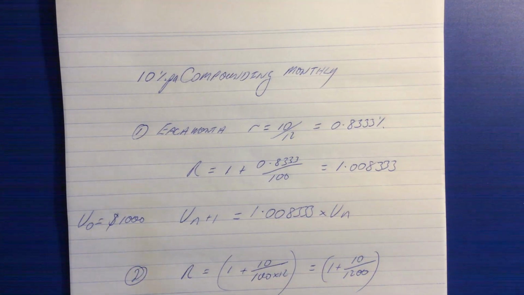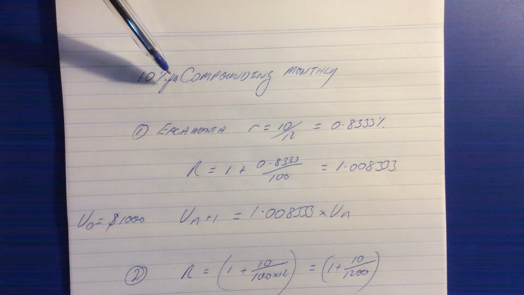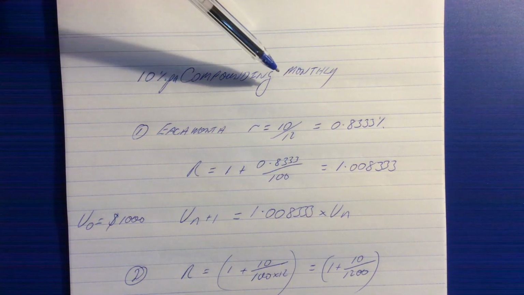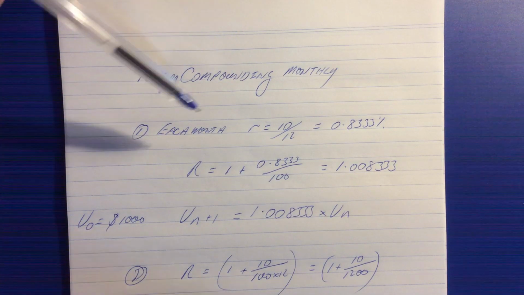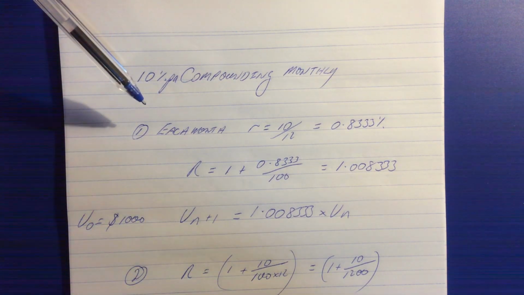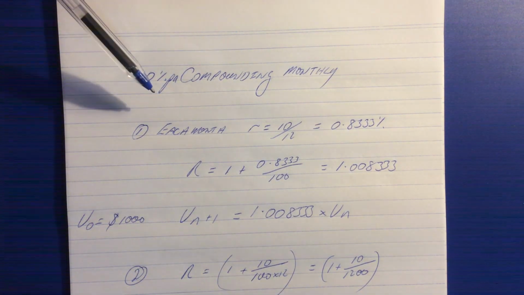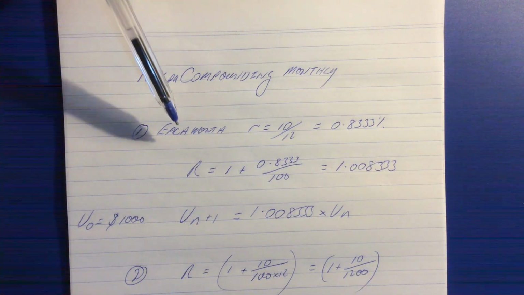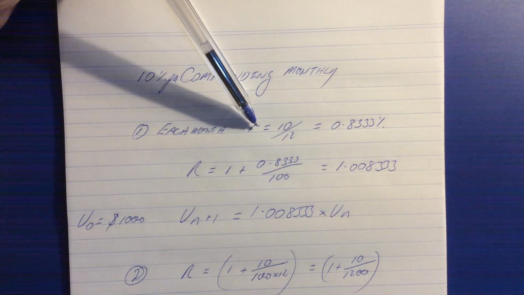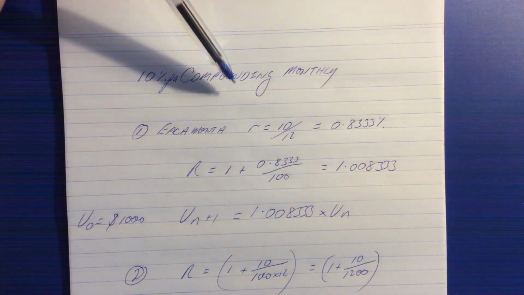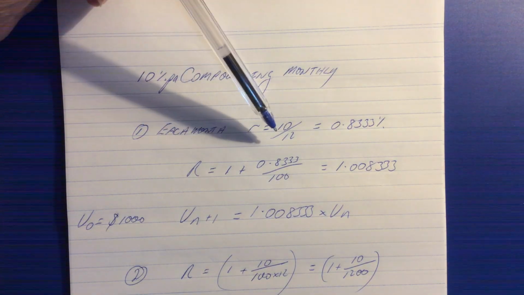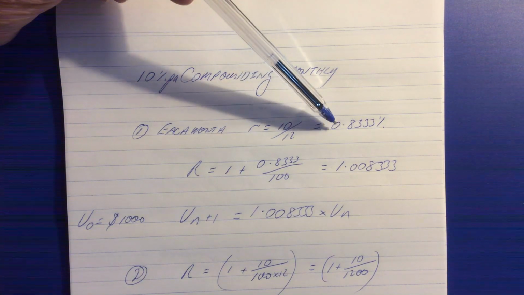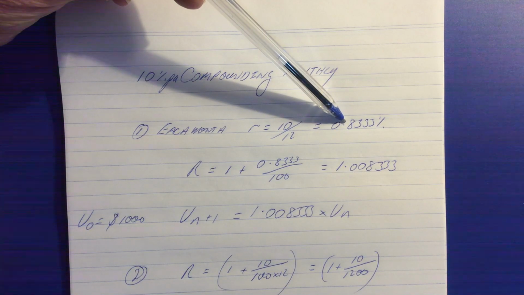Okay, so 10% per annum, that's what the PA stands for, compounding monthly. Now there are two ways of working out how we calculate the necessary interest rate for this. Now this is the first one. So each month, R, which is the annual interest rate, gets divided by 12 to bring it down to a monthly interest rate.